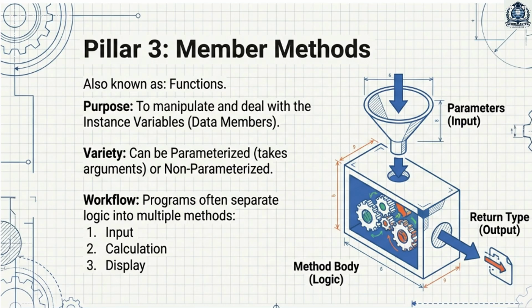Member methods are functions inside a class that operate on data members and define what an object can do. They can take inputs, parameters, process logic in the method body, and produce an output, the return type. Well-structured programs split work into methods, input, calculation, and display, instead of dumping everything into one block.